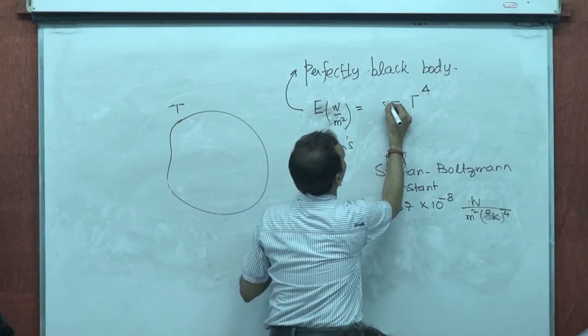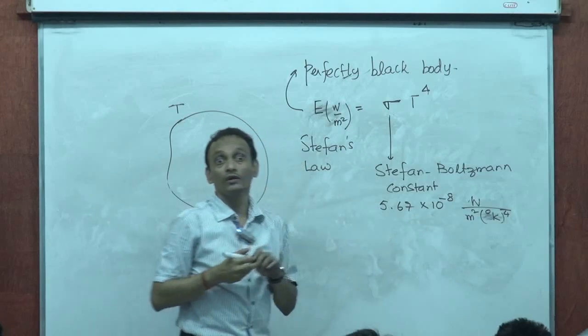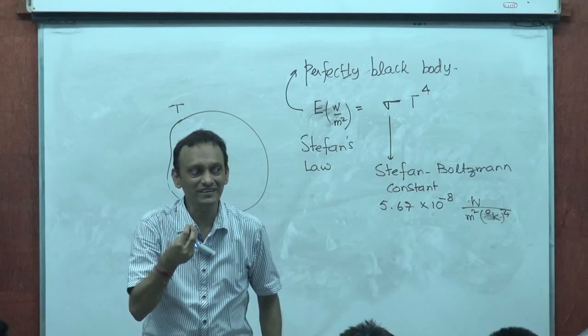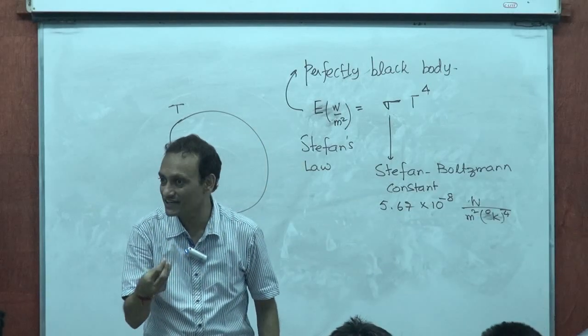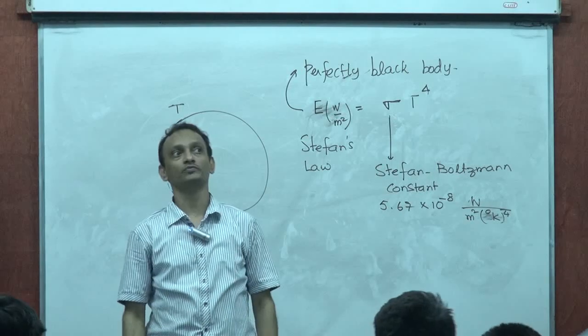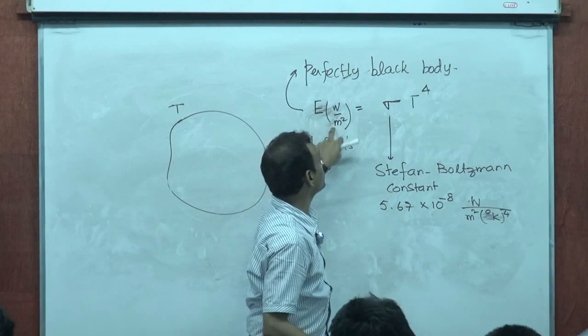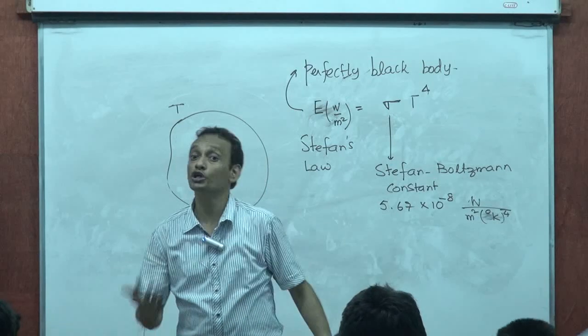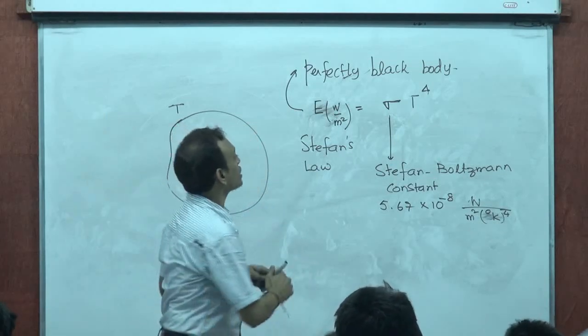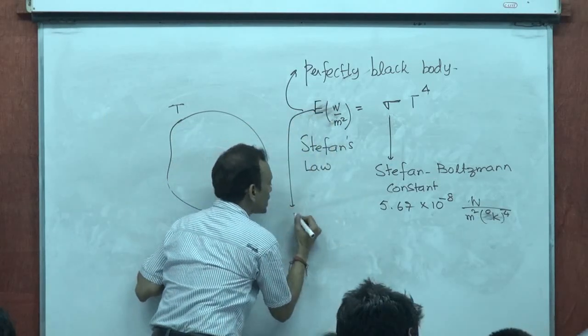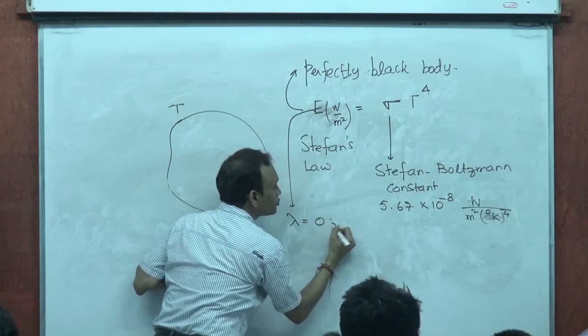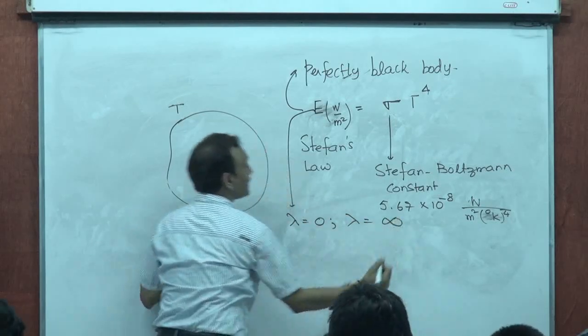And if they are in the form of electromagnetic waves, then they have a certain wavelength. In fact, this total amount of energy, these many watts per meter squared, contains all possible wavelengths, starting from lambda equal to 0 to lambda equal to infinity.